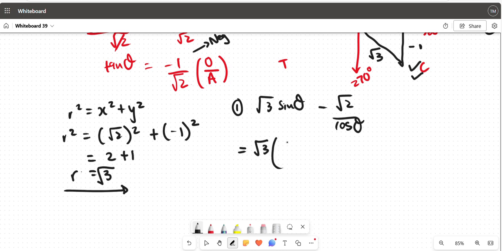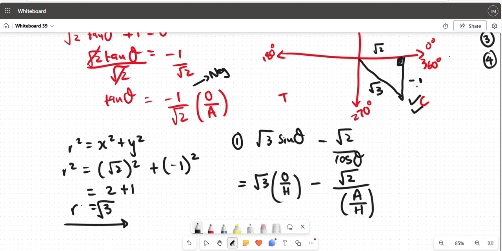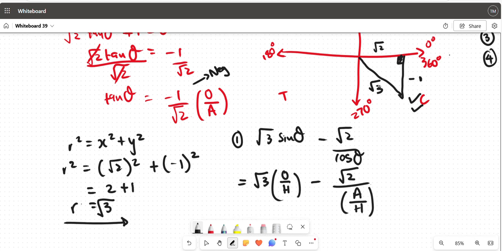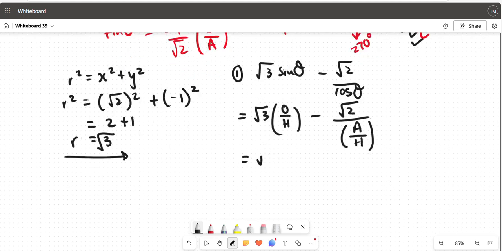Remember, my sine is O over H. I always just use this first before I substitute. And then my cos is A over H. And now that I know exactly which numbers to substitute, my O is my negative 1. My H is the root 3. So this will say root 3 times negative 1 over root 3.